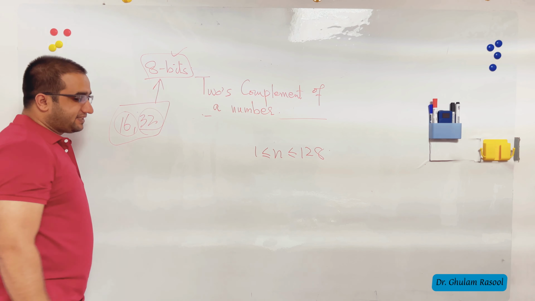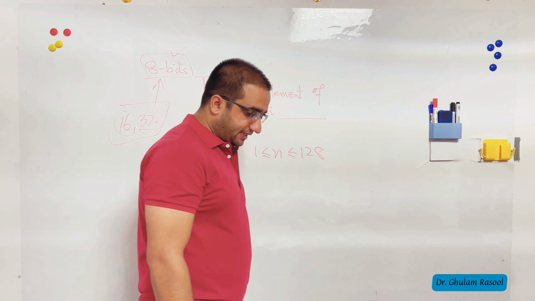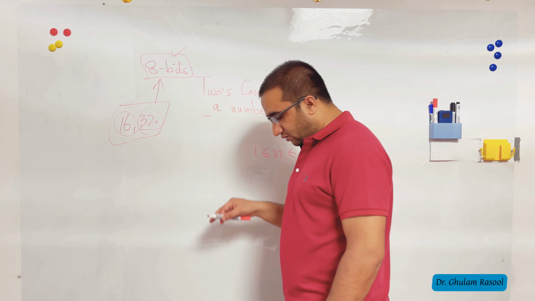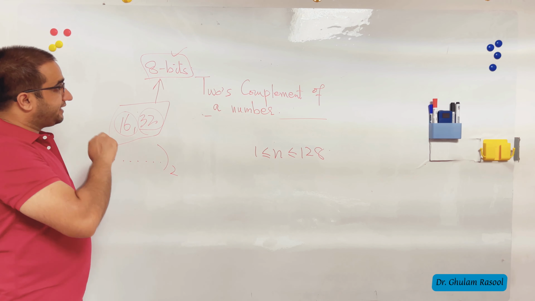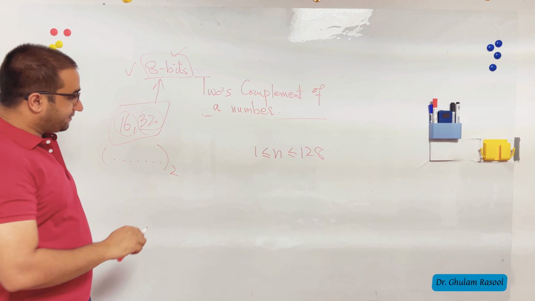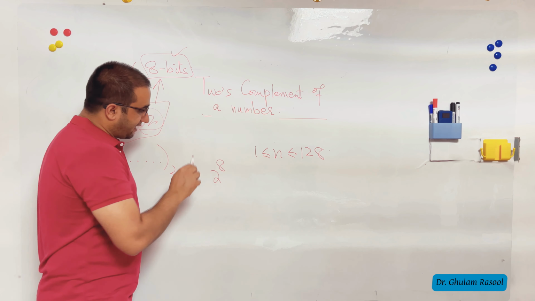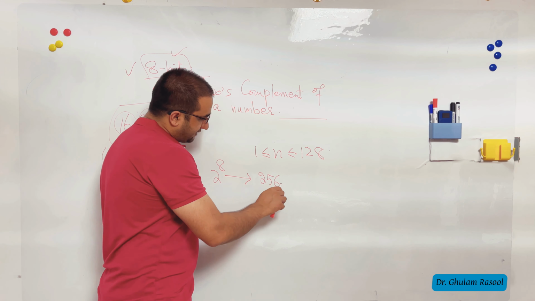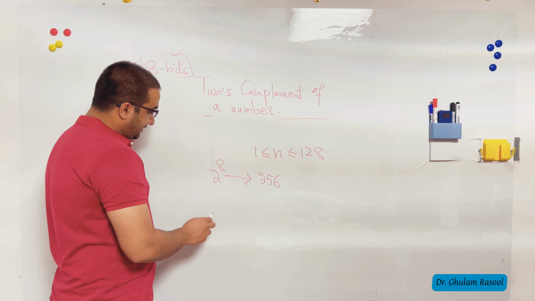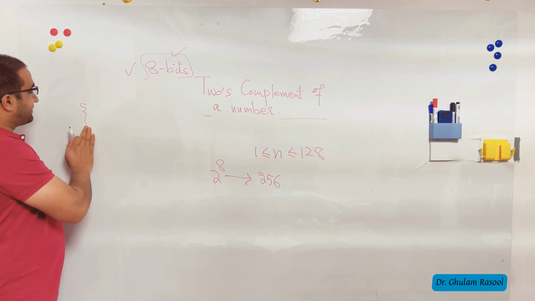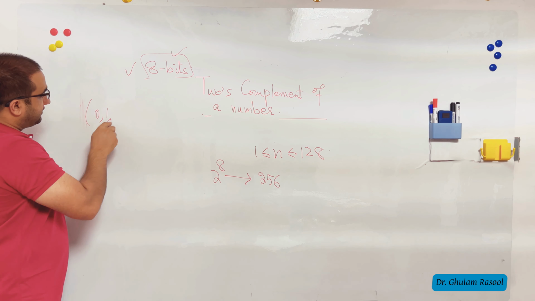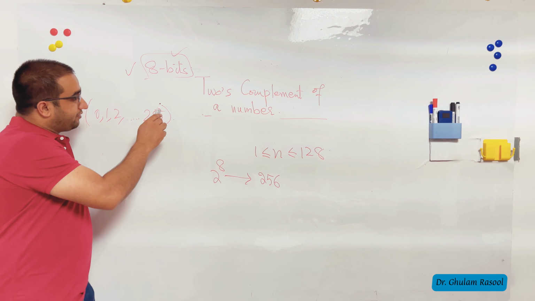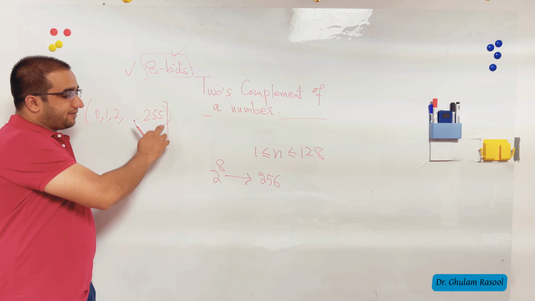I will follow the 8-bit system because we are doing things on paper. So throughout this chapter, our bit system is 8. If I am following the 8-bit representation, it means I am following 2 raised to the power 8, which is 256. We can only consider numbers up to 255, so we will never go beyond this number.